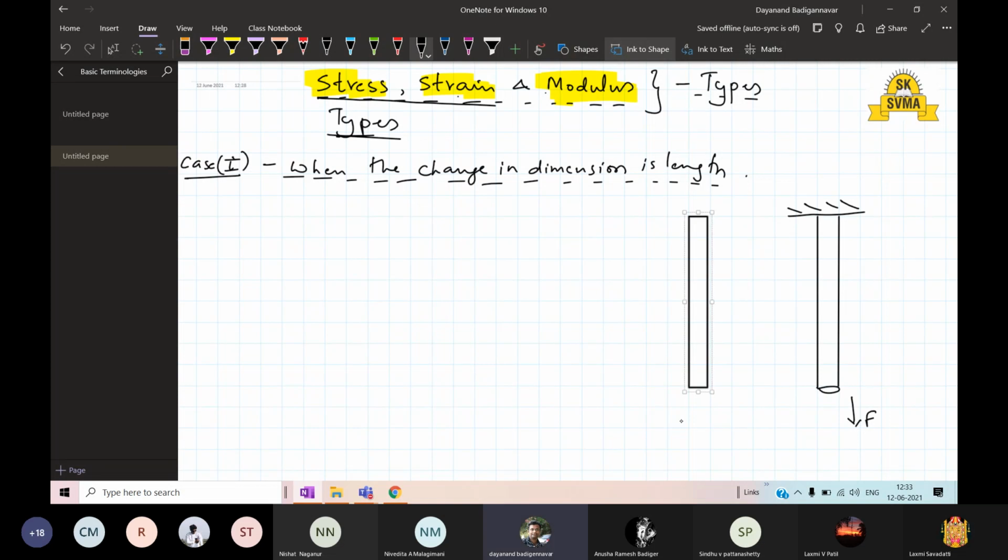So this is the length. So this is the cross sectional area, in the form of a circle.